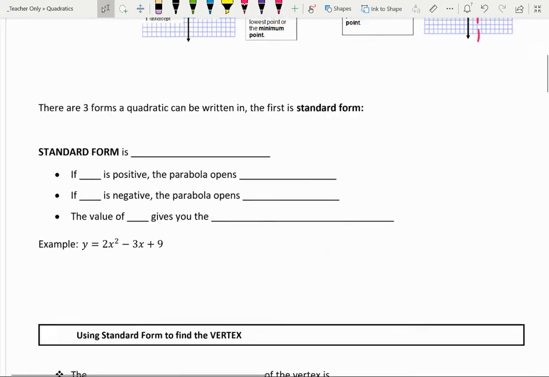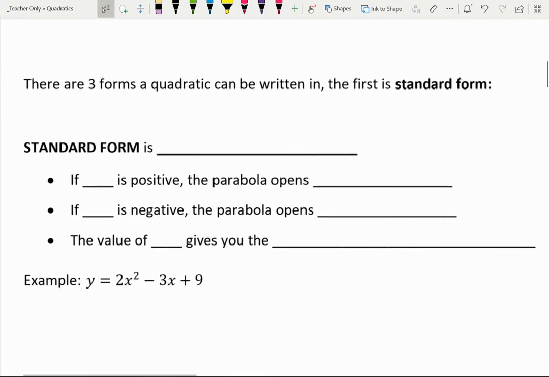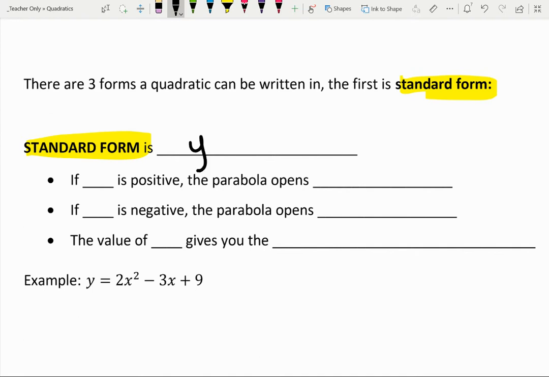There are actually three forms of quadratic functions, but the first one that we're going to look at is standard form. Standard form is the one that we're a little bit familiar with already. It looks like y equals ax squared plus bx plus c. So we have that x squared term, a, b, and c in order there. If a is positive, then our parabola will open upward.